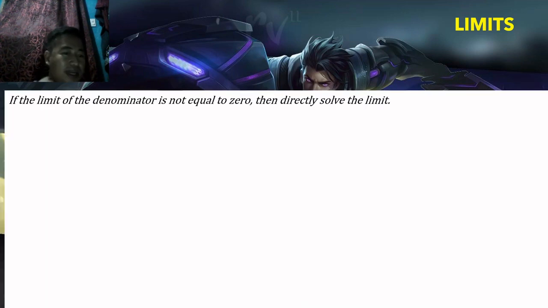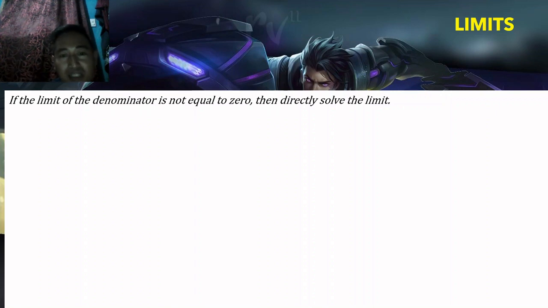Next class, if the limit of the denominator is not equal to 0, then directly solve the limit. If the function has no denominator, just directly substitute the number as x approaches a number.